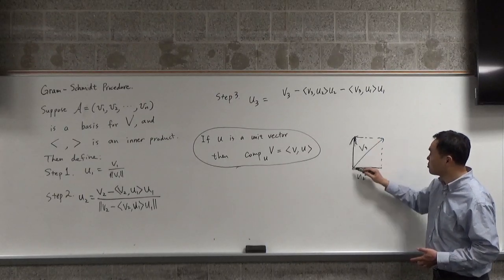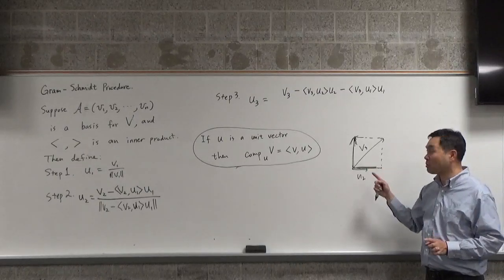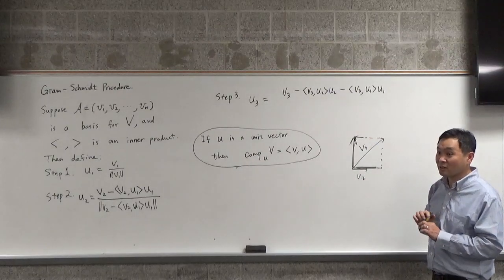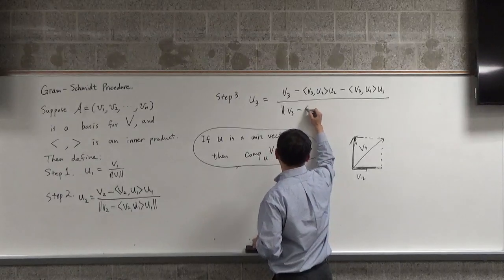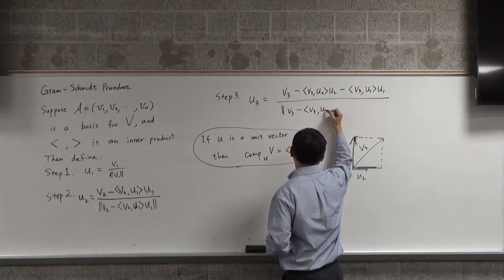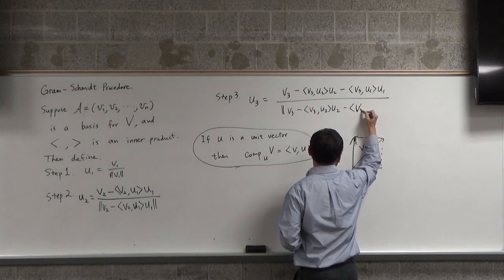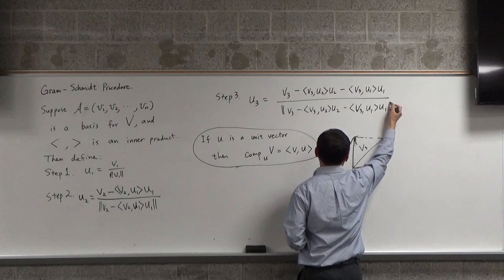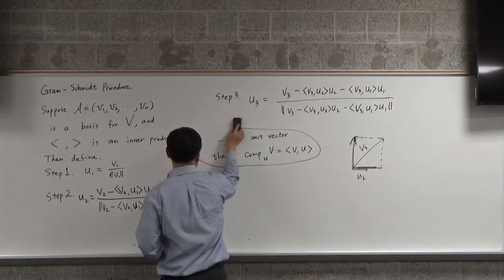This is now perpendicular to this other one. So you're making things orthogonal by taking out the component in that direction. And then you divide by the size of the entire thing, so that again you have a unit vector.